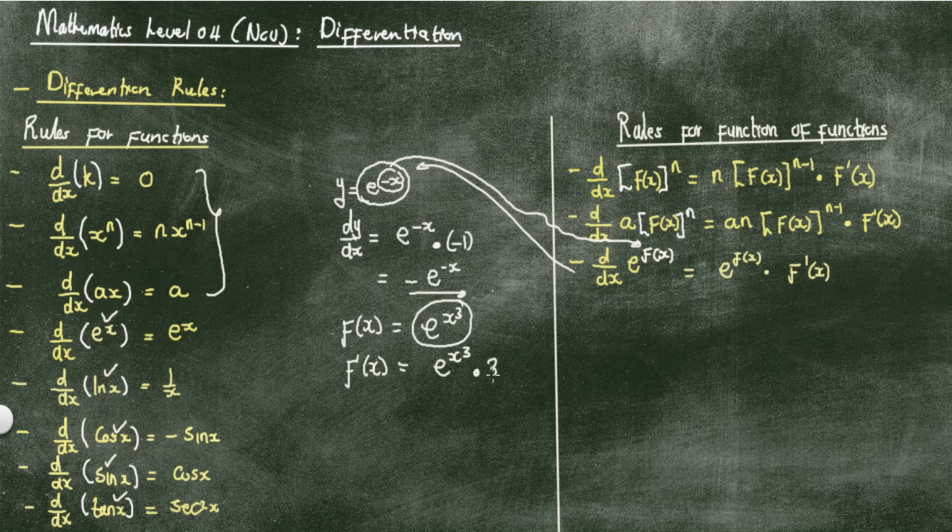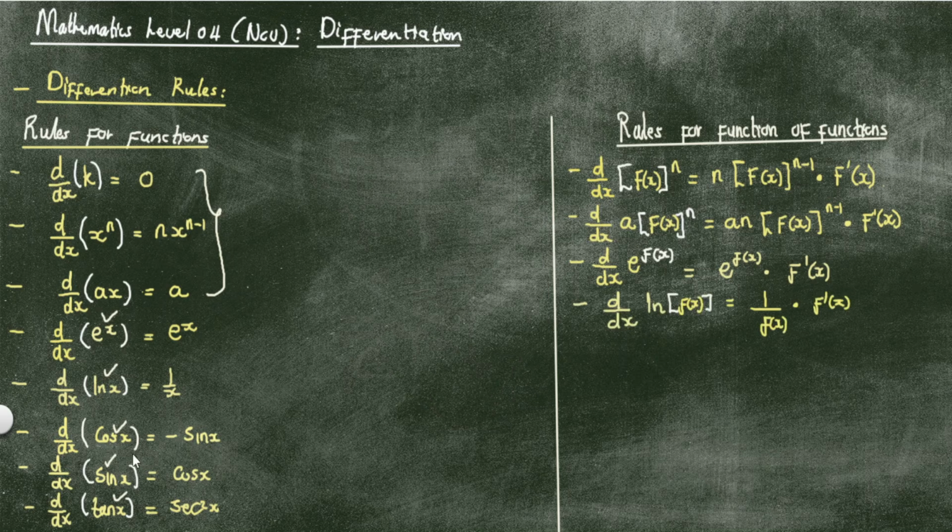It's going to be 3x squared. Simplifying this gives us 3x squared multiplied by e raised to exponent x raised to exponent 3. This is the final answer again.